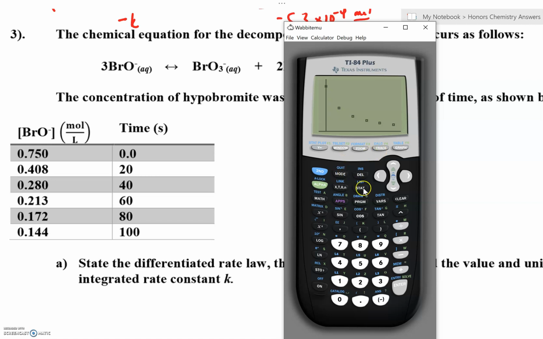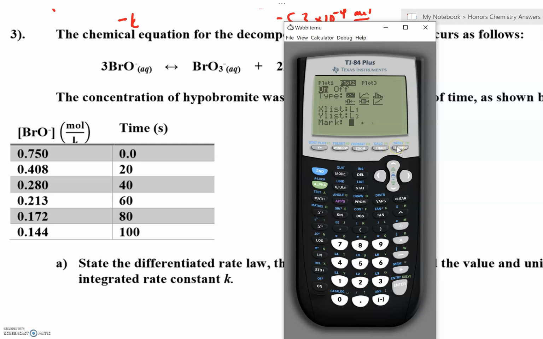So let's go back to our statistics. Let's edit this and let's instruct the calculator to take the natural log of everything that's in L2. And now we'll graph this. We'll turn this one off and we'll turn this one, which we're going to construct to be a plot of L1 versus L3, on.